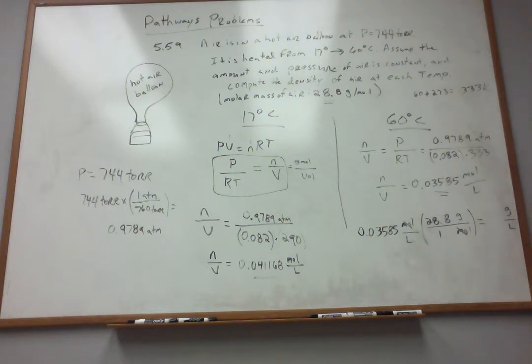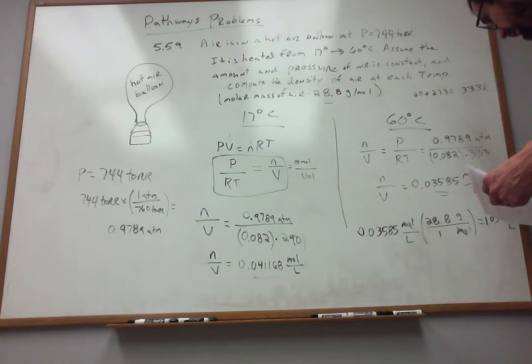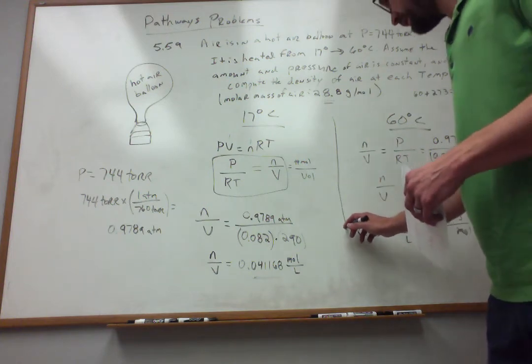Grams per liter is clearly a density unit. So if I do the multiplication, I get 1.0325 grams per liter, a little over 1 gram per liter for my density at the higher temperature.